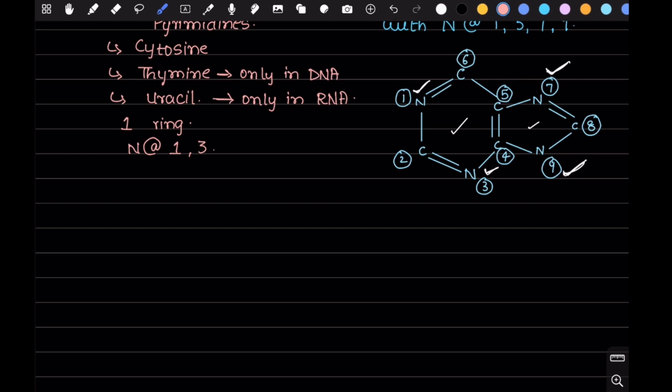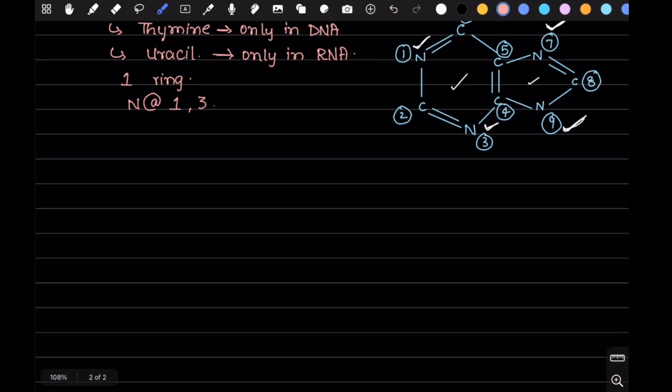Next, if we look into the structure of pyrimidine, I told you it is a single ring structure. Let's take a C over here, bound it with another C on this side, then another C over here, then N over here, N, C, and it is closed. We've got one ring. It is a single ring only. We have double bonds at few places, here, here, and here.